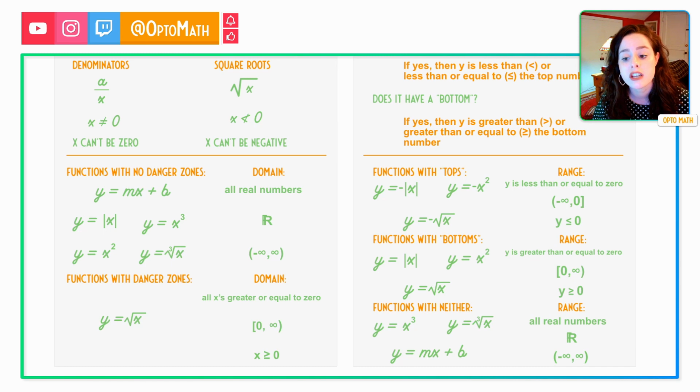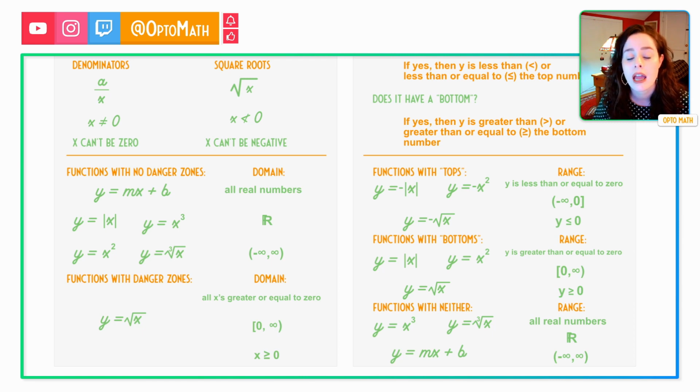Here are some functions with no danger zones. If it has no danger zone, then it has all the x values as being possible. So we've got any linear function. Here's an example, y equals mx plus b, slope-intercept. If you have y equals the absolute value of x, absolute value functions always have a domain that doesn't have any danger zones.